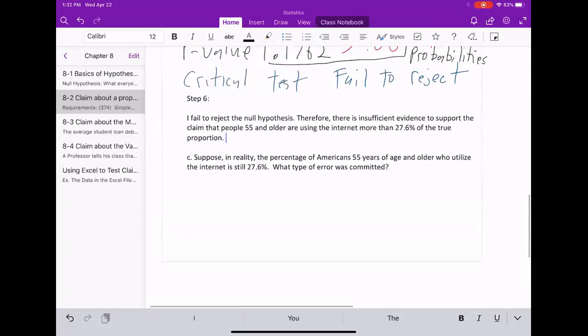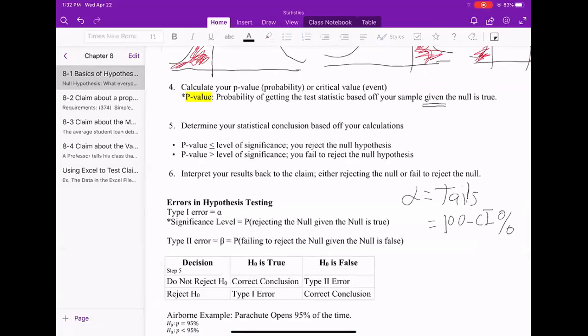Now, suppose that it is, all right, what type of error could we have made, right? So now we go back to our error table. So we did not reject the null. And if the null is true, we made a correct conclusion.